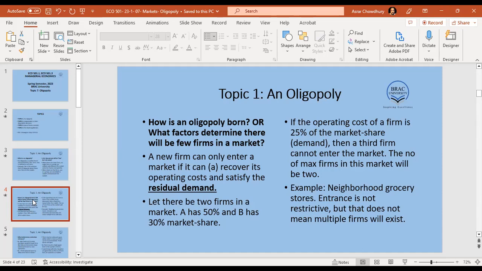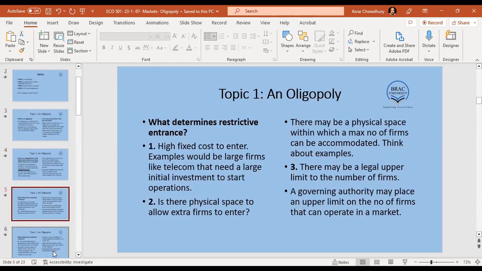If you enter the market, you need at least 20% of the demand to sustain your shop. Will you enter? No, sir. So this is one indication that tells us that only few firms can operate in a relevant market.